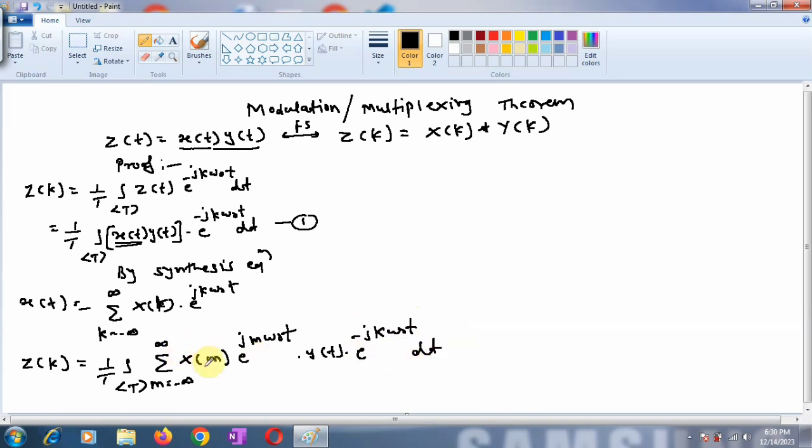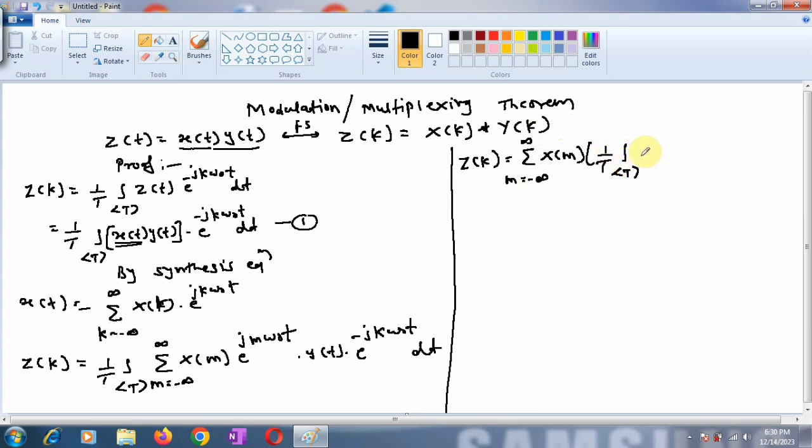Okay. Now we'll interchange the order of summation and integration and rewrite this. So we'll get z of k is equal to, take this summation first. So m is equal to minus infinity to infinity x of m, and in the bracket we'll write the remaining terms, that is 1 by T integration over the period T y of t, and now this term and this term.